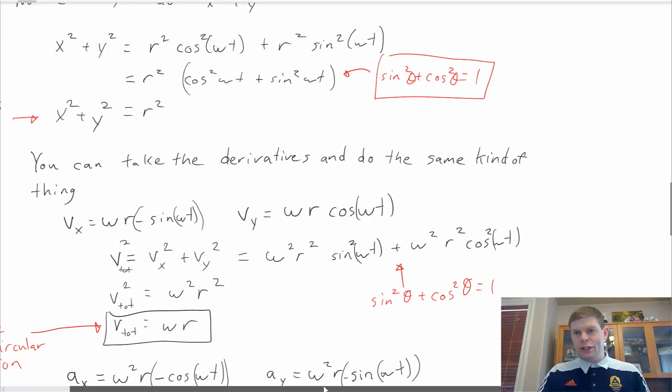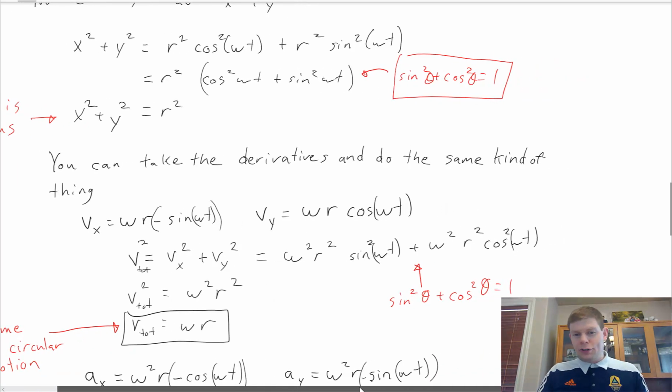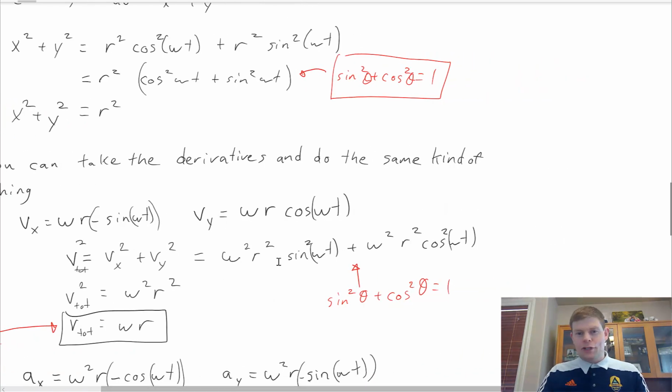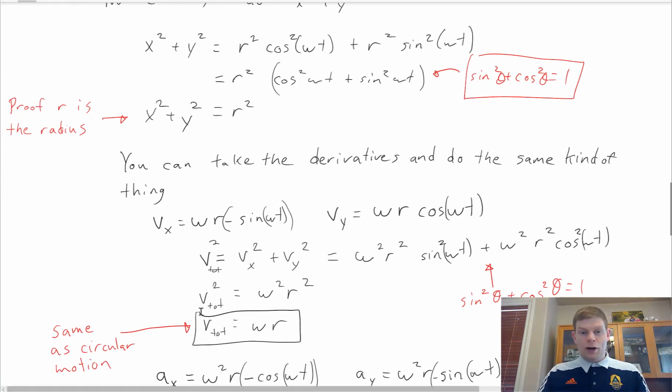So here's the shortcut. We could take our derivatives and find the total velocity by doing Vx squared plus Vy squared, sort of a Pythagoras, and using our sine squared plus cos squared equals 1 identity. Or we could remember from the circular motion unit that our velocity is always equal to the angular velocity times r.